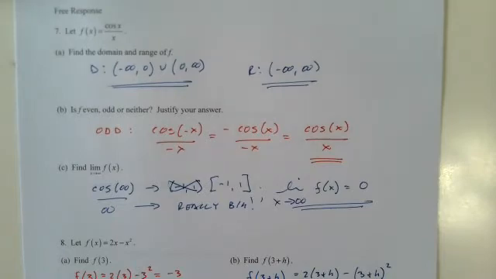So negative 6h plus 2h is negative 4h, and then 6 minus 9 is negative 3. Then f of 3 plus h minus f of 3, over h. Okay, so negative h squared minus 4h minus 3 minus negative 3, over h, equals negative h minus 4.